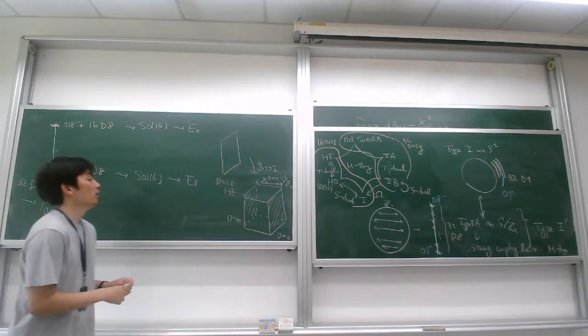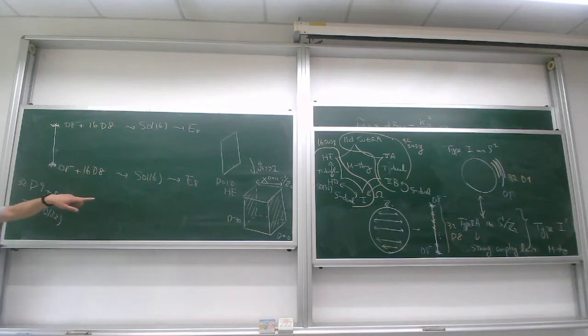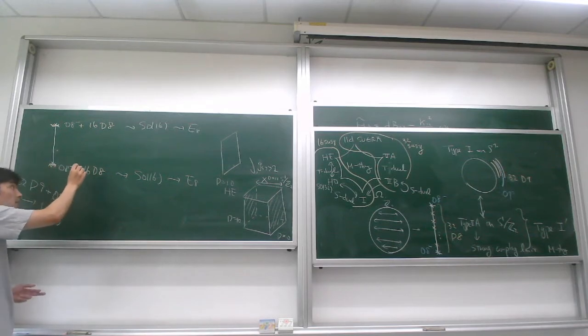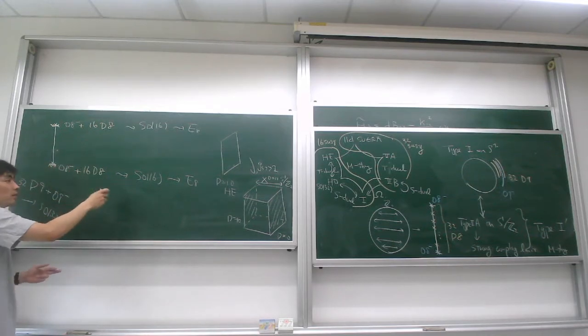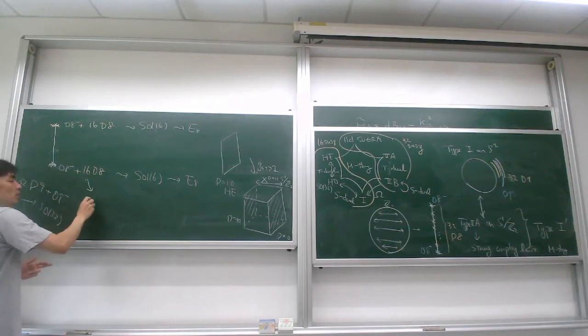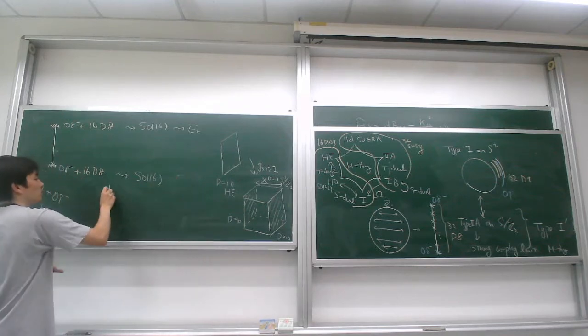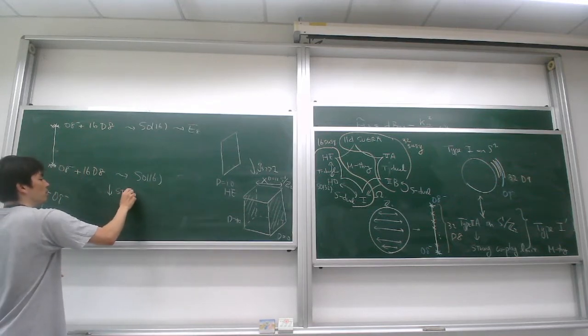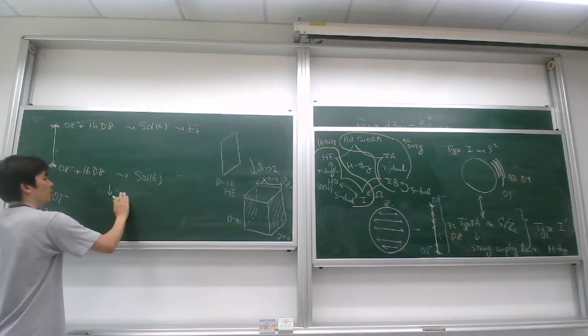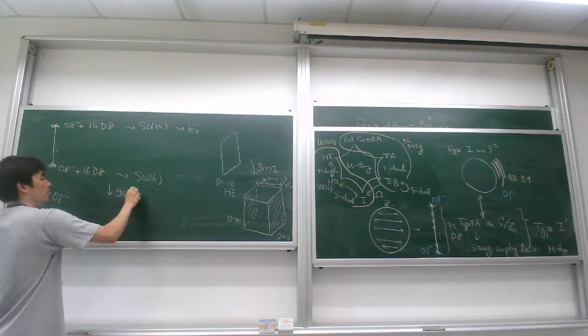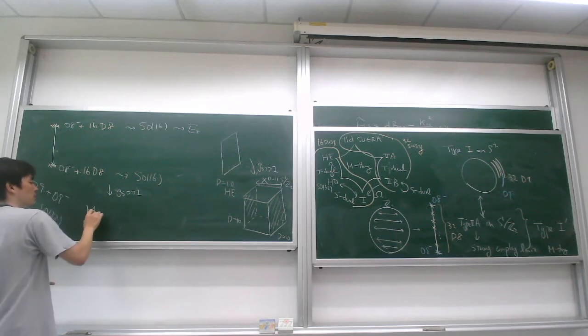But on the other hand, here you have the combination of the stronger coupling limit of O8 minus and the 16 D8. That will give you the so-called stronger coupling limit. And if you take the coupling, maybe g_s goes to infinity, then it becomes another.